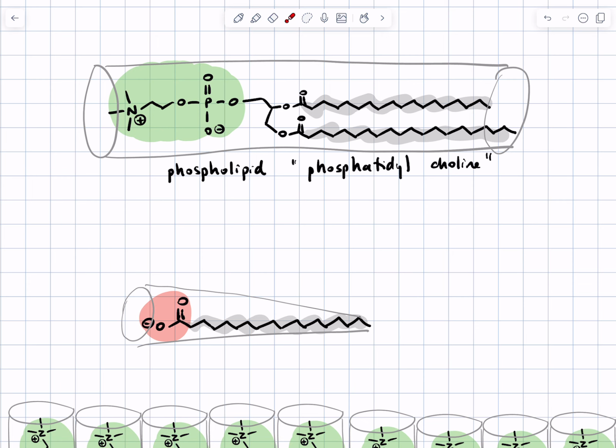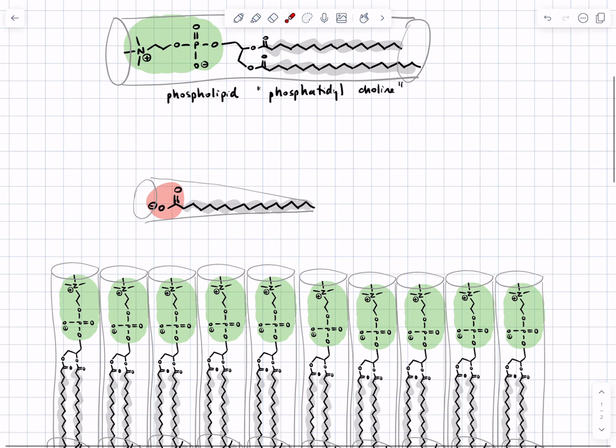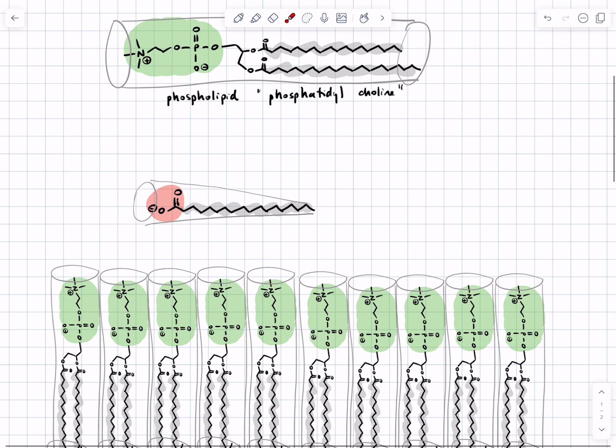You can't just form a sphere. Side-by-side association of these cylindrical units leads to a monolayer that just has a nonpolar face and a polar face. But if you take two of those monolayers and stack them end to end with respect to each other so that the nonpolar stuff is inside, you then have a bilayer, which is what membranes are made of.